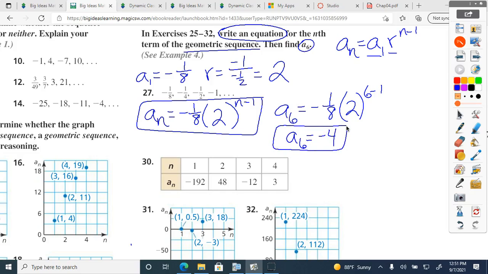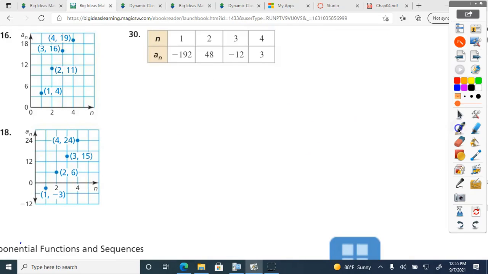Okay? I'm going to hit pause, and I'm going to give you a few minutes to try to do the last one. Okay? All right, we're back. So here's how you should have done it. What's the formula again? A sub n equals what? Yes, but before you plug anything in, what's the equation?